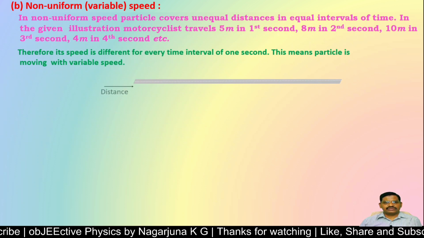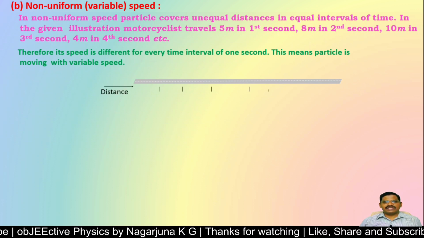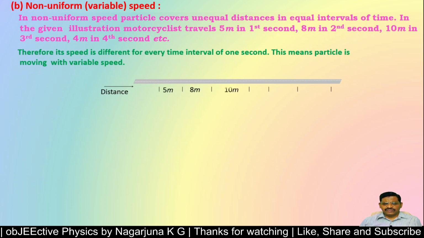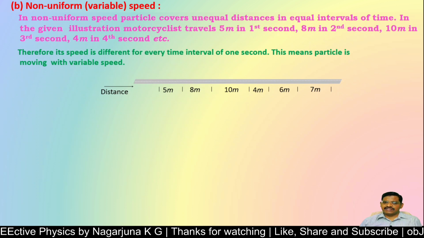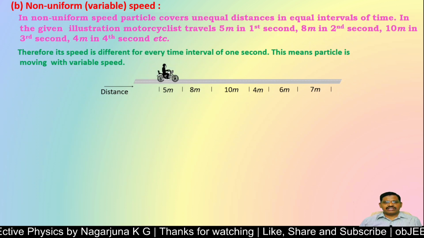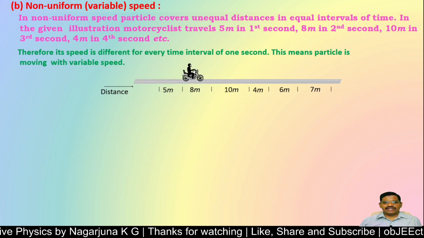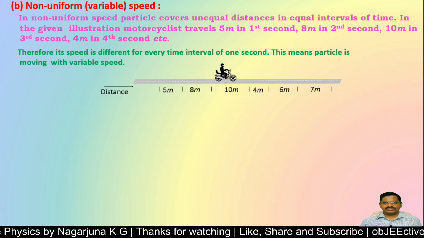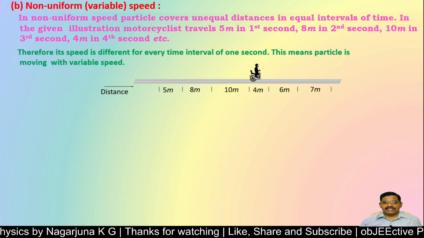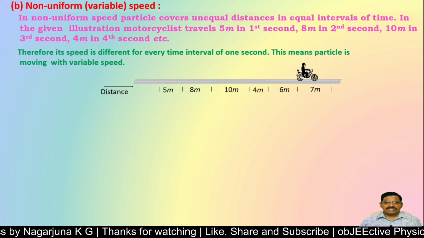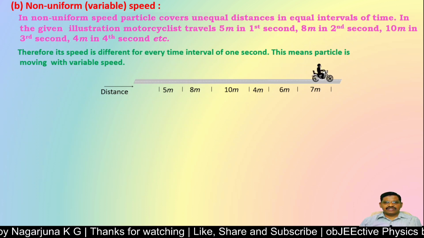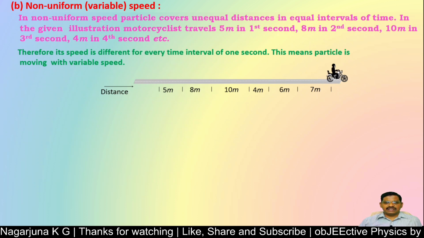Road, distance. Here distances are different: 5 meters, 8 meters, 10 meters, 4 meters, 6 meters and 7 meters. See, the motorcyclist is now travelling with different speeds. In the earlier case, the motorcyclist travelled with uniform speed.